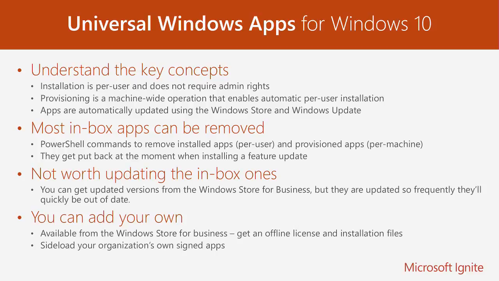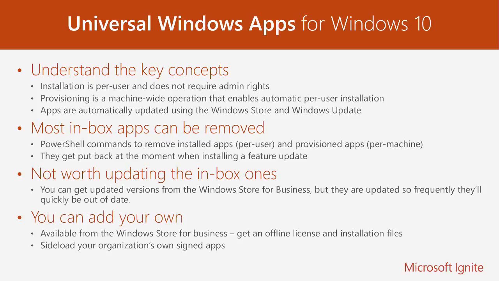So it doesn't make sense to try to keep them up to date. They will get updated automatically from the internet using the Windows Store to download the Delta. This is a Delta upgrade process to just pull down the changed pieces of those applications to bring those up to date.